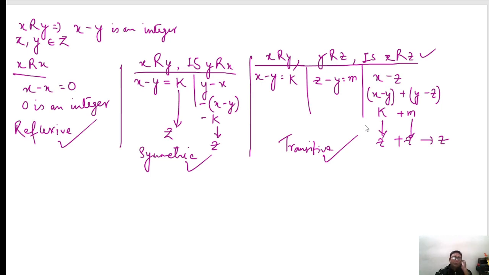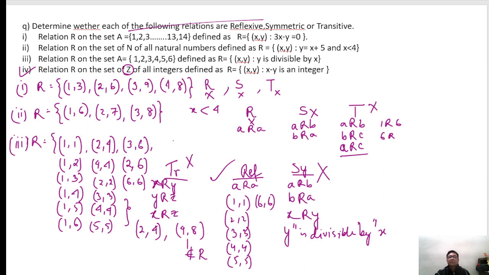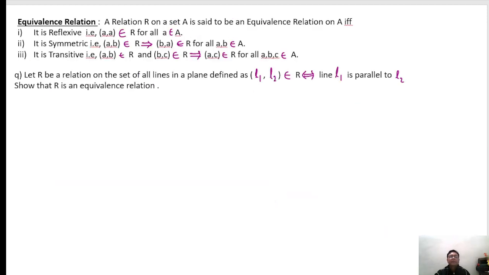Okay. So the last relation, which was this, that means this is reflexive, symmetric and transitive, all the three. Clear? Now let us see the next one. What is it? Equivalence relation.